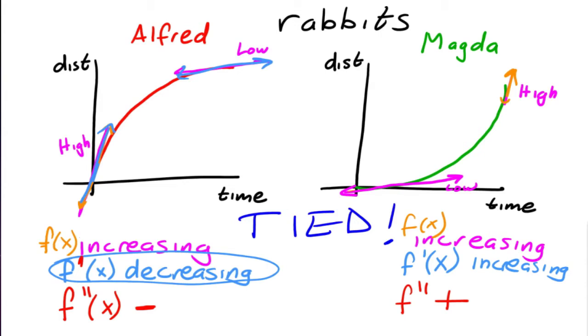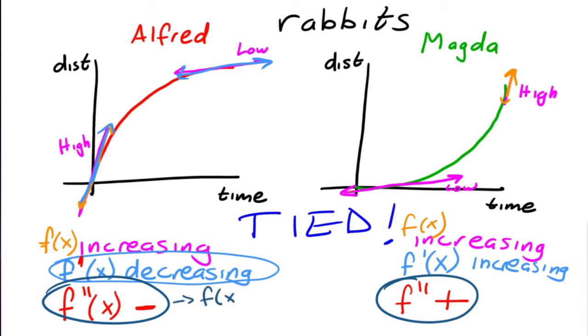So basically, you have the connection between the shape of the graph, the shape of your function, and the second derivative. If the second derivative is negative, that means that your function is going to be concave down. It's going to look like that, like Alfred's. But if the second derivative is positive, that means that the function is going to be concave up.